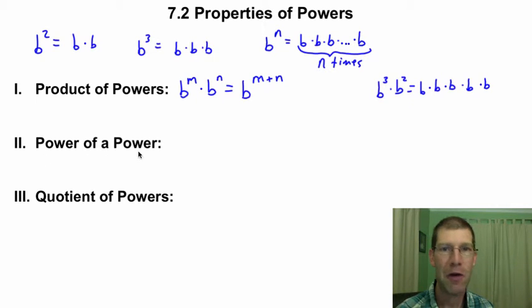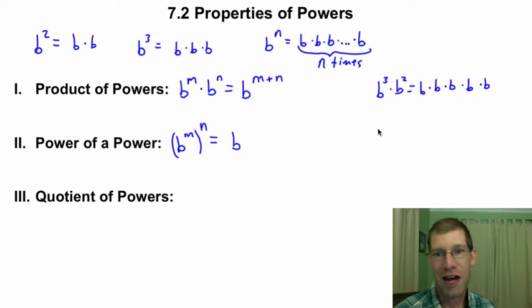Now if we have the power of a power, something like b to the m, taken to the nth power, what do we do with the m and the n? It's going to be b to what? Well, try it again. If you have b to the third, squared, that's saying b to the third times itself.